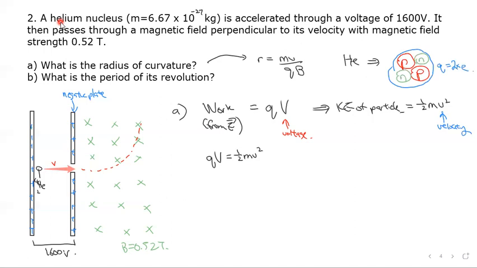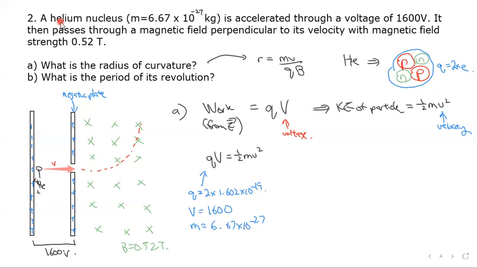So this q is going to be 2 times 1.602 times 10 to the negative 19. Your voltage, capital V, is 1,600. The mass of your helium nucleus is given as 6.67 times 10 to the negative 27. So, of course, we've got the numbers. We can work this out.